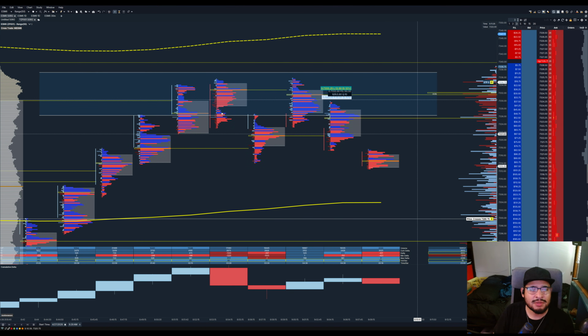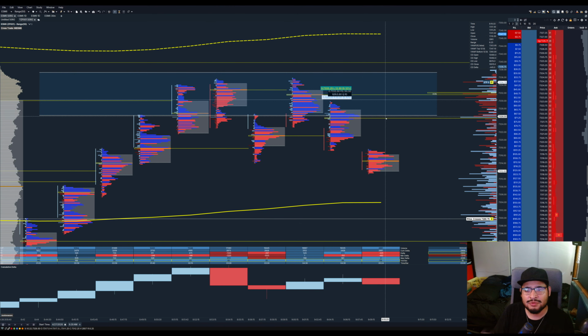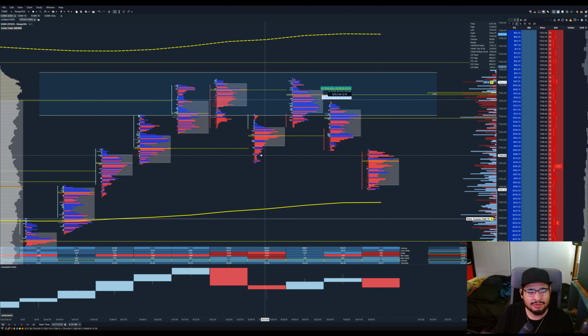Okay, so you can see that we tapped this node here from 73.26 to 73.38. We started bullish, and then once we started hitting this point of control here, that was my first sign that it was looking bearish. We went above it, and then we closed below this point of control here as well.